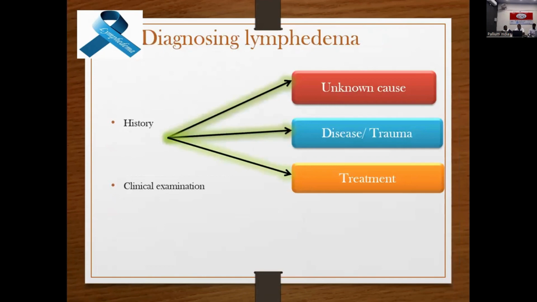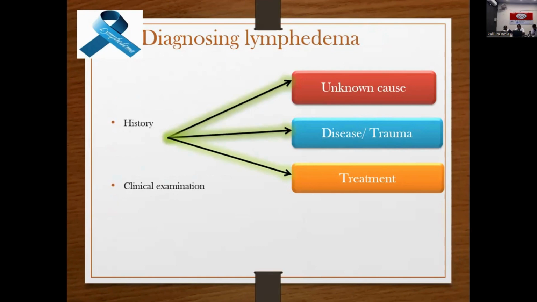Next one is diagnosing the lymphedema. How to diagnose lymphedema? First, we take a proper history from the patient. Sometimes we can't recognize whether it is lymphedema or venous edema, so we have to check the proper history. While talking with the patient, take a proper history.